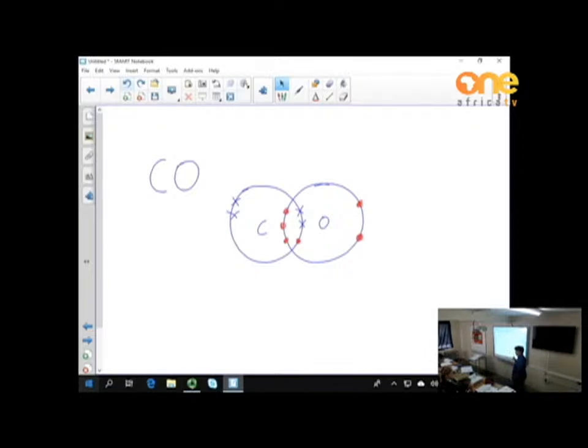All right. Are you with me? So they both have a single pair of electrons in the outer shell, and there is a triple bond holding the carbon onto the oxygen to form carbon monoxide. It gives a pair, but remember oxygen has how many outer shell electrons? 6. 1, 2, 3, 4, 5, 6.